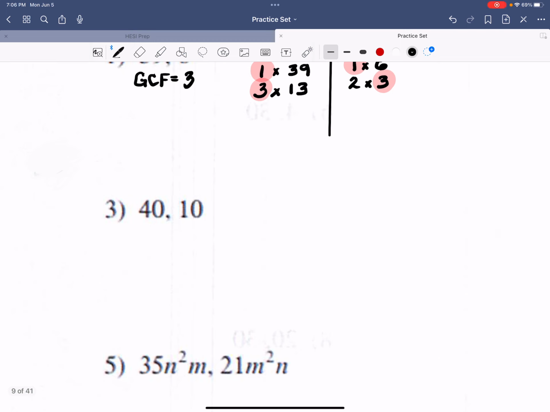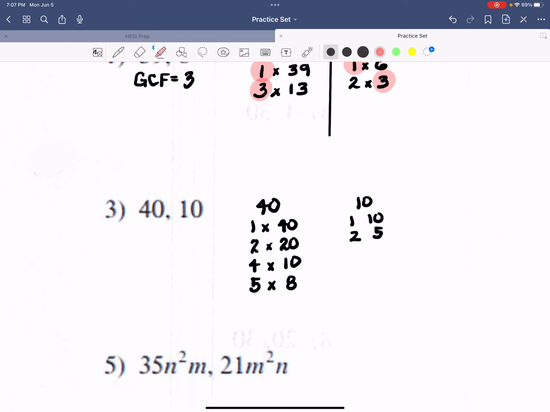40 and 10. You might know this one without doing it. I'll tell you the trick when we get done here. 3 won't work, 4 will, 5 will. And then your 10, you have 1 and 10, and then 2 and 5. So mark your common factors.